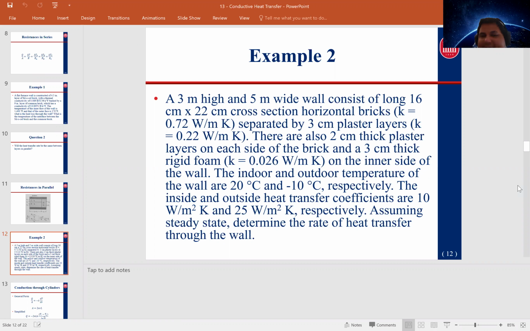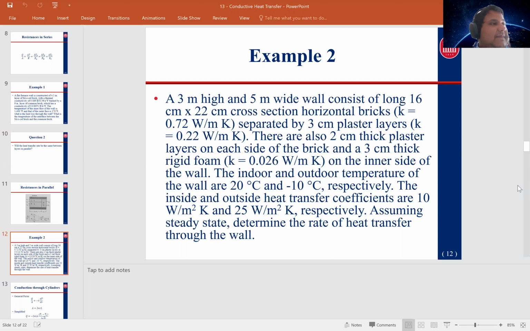If the indoor and outdoor temperatures of the wall are 20 degrees and minus 10 degrees respectively, and assuming that the inside and outside heat transfer coefficients of the wall are 10 watts per meter squared Kelvin and 25 watts per meter squared Kelvin, what is the rate of heat transfer that exists through the wall?